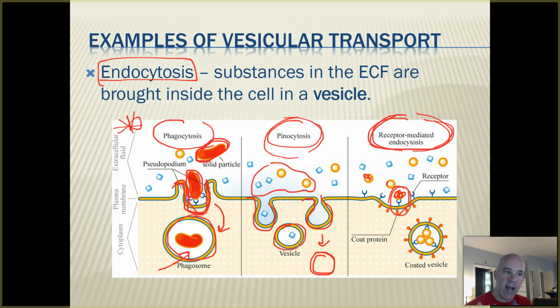When that receptor binds that substance, whatever it is, the vesicle pinches off at the surface and brings whatever had docked there on the plasma membrane to the internal part of the cell. That's called receptor-mediated endocytosis, because the endocytosis doesn't happen until that substance binds to its receptor.